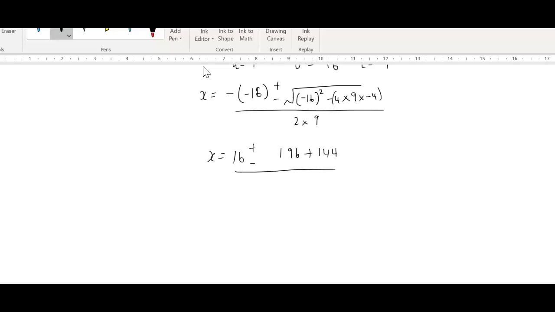Now, again, you probably wouldn't get something this complicated on your exam, but it's good practice. 196 plus 144 gives us 340. I feel like I may have made a mistake here because I think the answer isn't as complicated as this. Anyway, that 340 we should simplify. I am just going to cheat and use my calculator.